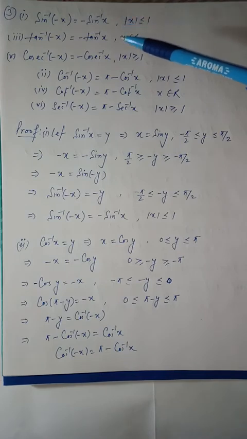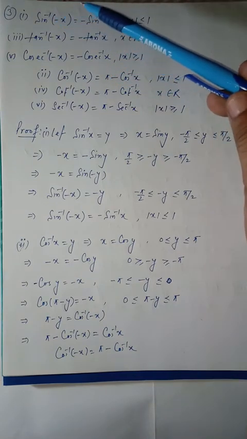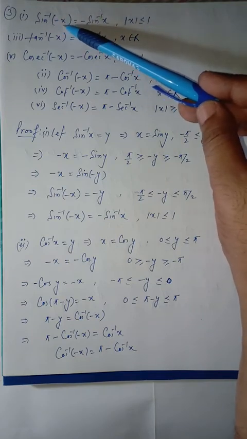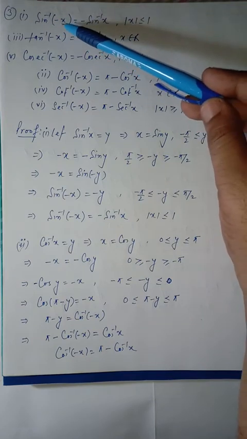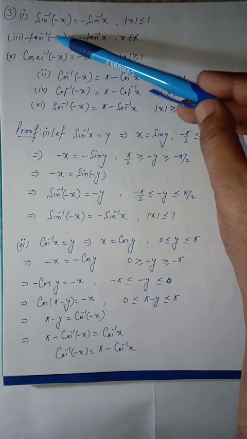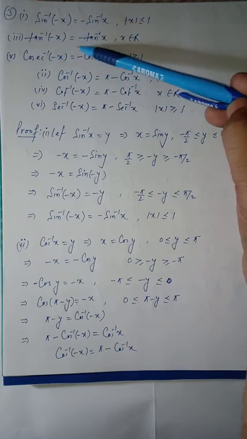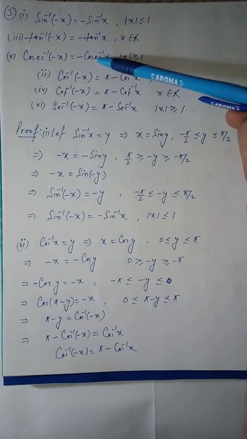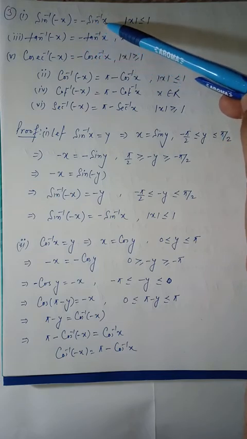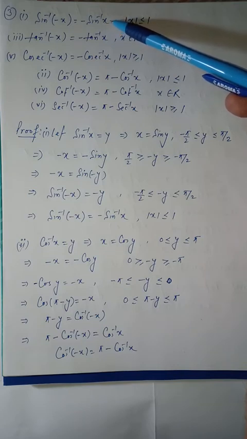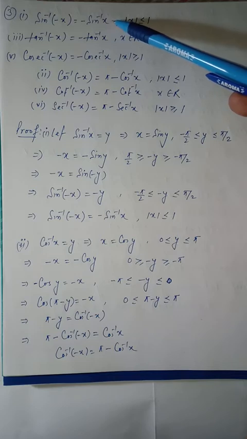Now come to the next property, property number 3. What will happen when we get sine inverse of -x? Please remember, in the case of sine inverse of -x, tan inverse of -x, and cosec inverse of -x, we will get the negative of these functions, because we have already discussed sine of minus theta, cos of minus theta, tan of minus theta in trigonometry.